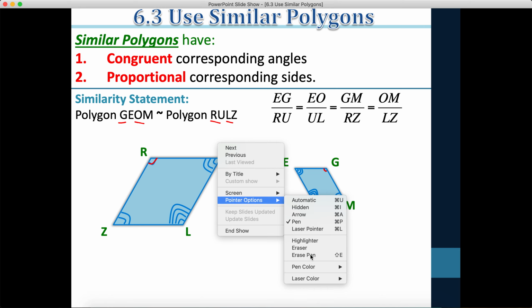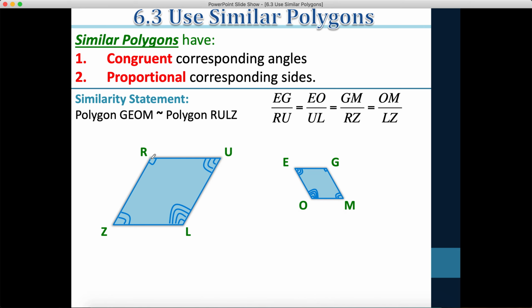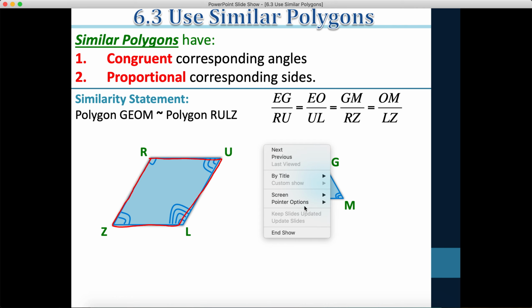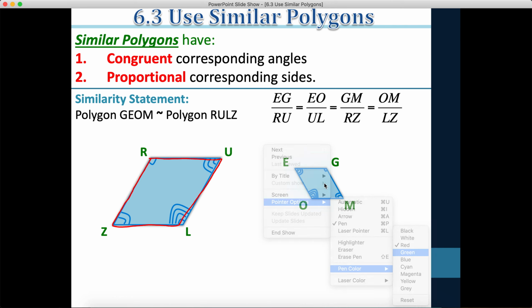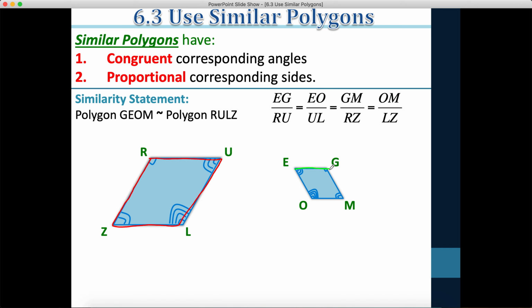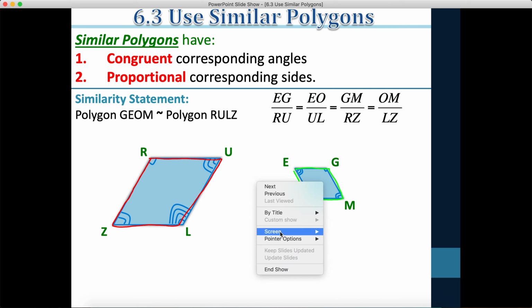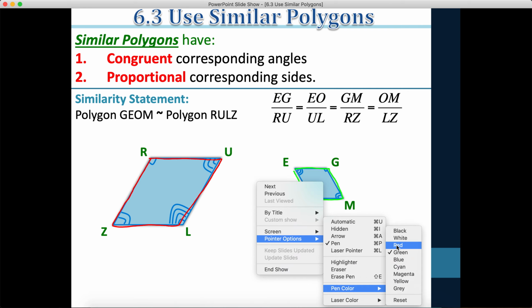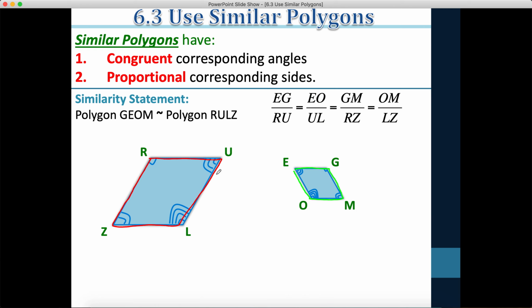Same as when we were dealing with congruent polygons, but with similarity, what we should note is that the side lengths on the red polygon, the ratio of those to their corresponding sides on the green one, is going to be the same if I choose any red side and its ratio to any green side. I could set up proportions.